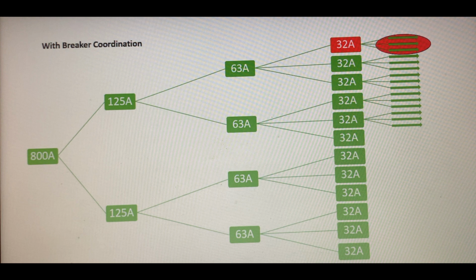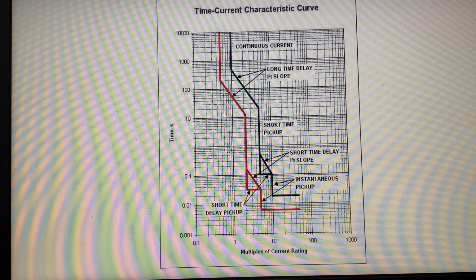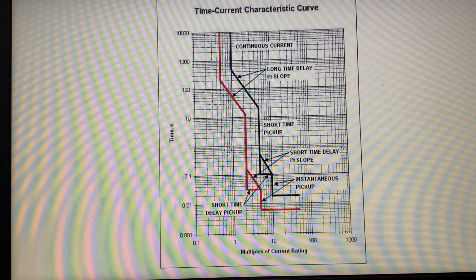But it is not as simple as it sounds, because there are multiple types of breakers with different ratings, and each has a unique response to currents vis-a-vis the time that it can withstand the current. This is defined by the current time characteristic curve, or simply a trip curve, for the breaker, as shown in the diagram on the screen.